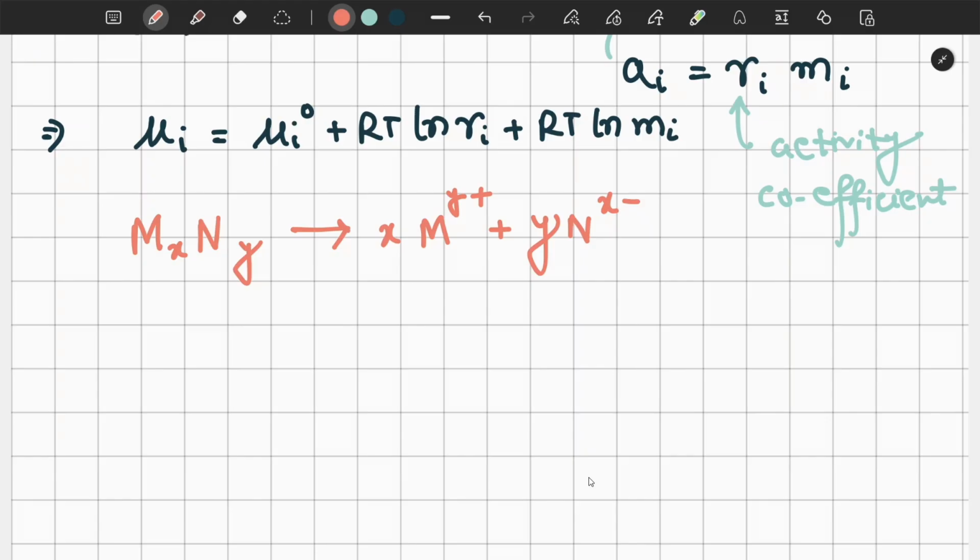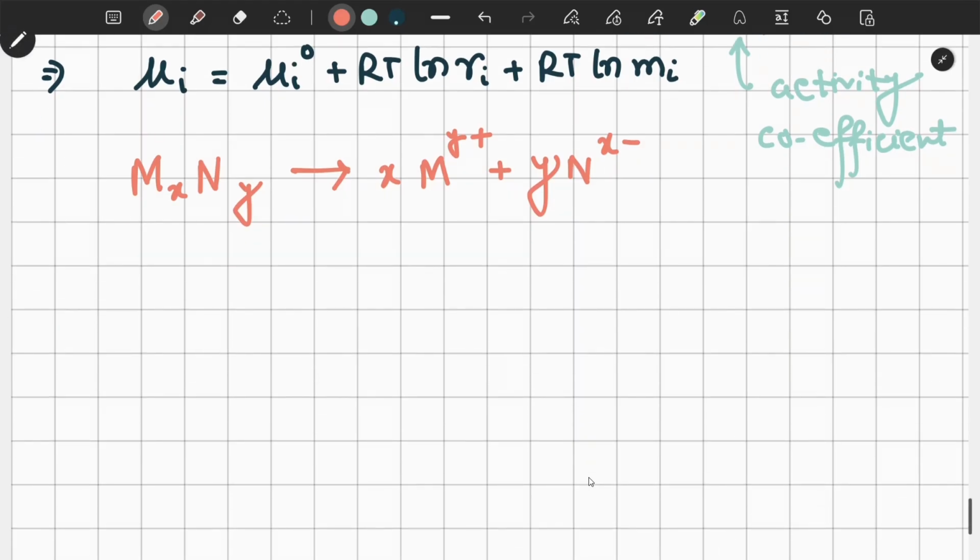Now, let's say the activity of the cation is a plus, dependent on the species, and for the anion it is a minus. Is it clear? Okay.